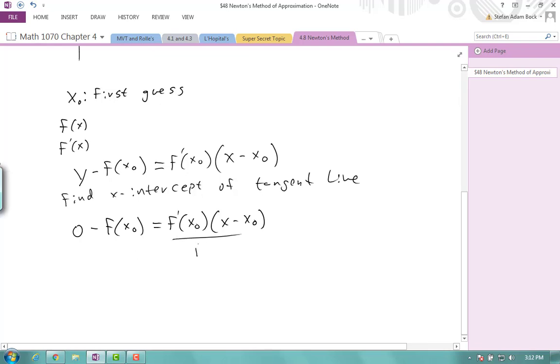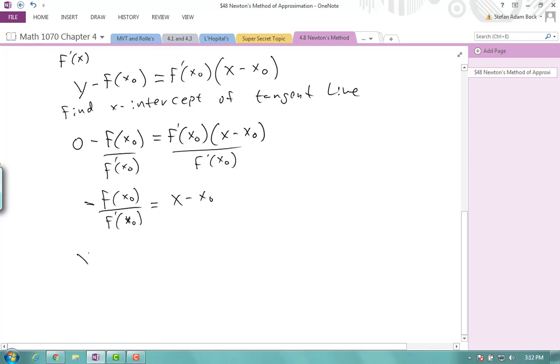So how does this look? I'll divide both sides by f prime of x sub 0. So I'll end up with negative f of x sub 0 over f prime of x sub 0 equals x minus x sub 0.